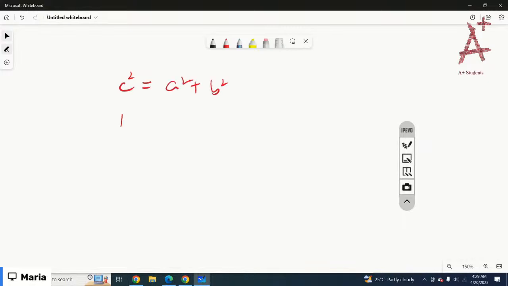So here you have 18 square equals 12 square plus 11 square.